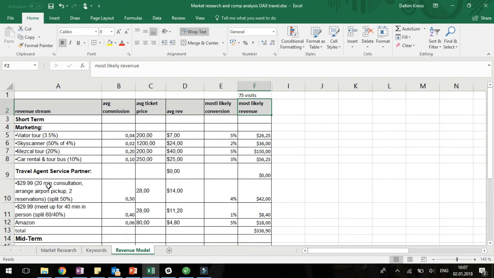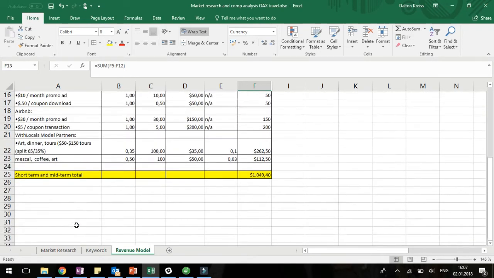I can see in the short term, I total everything up, and I see that short term, that means about 6 months to a year from now, I can expect to make about $340, and this primarily comes from my affiliate schemes as well as my travel agent service partner. We're not talking cuckoo bucks here, but let's see what this turns into when we look at the midterm scheme.